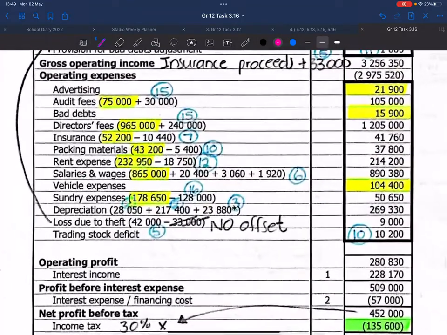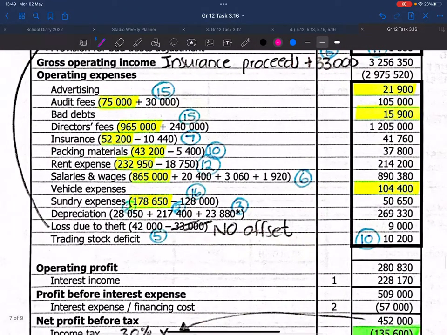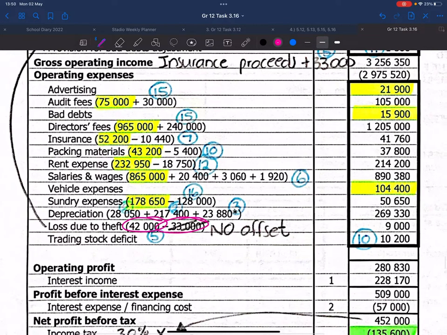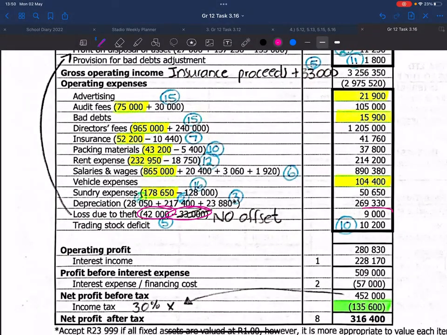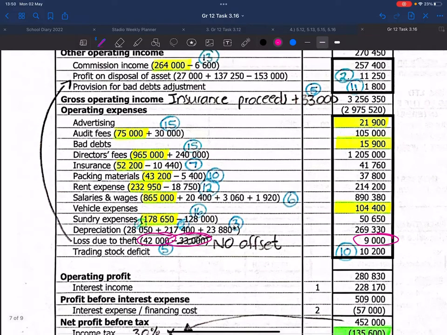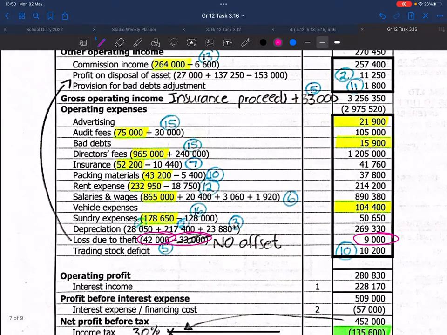So what they did was they then took a loss due to theft, 42,000, and they decreased the loss by the amount that is expected to be received from the insurance company, and then got a loss of 9,000 instead of the full 42. But I don't agree with the way that they've done this, because you cannot just offset transactions like this. You cannot offset income and expenses like this.